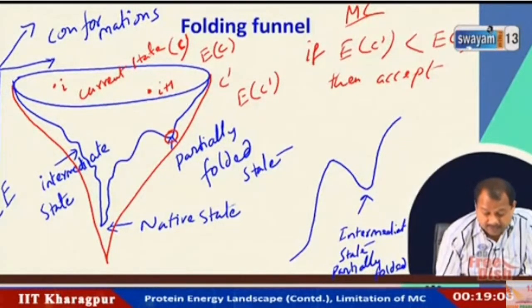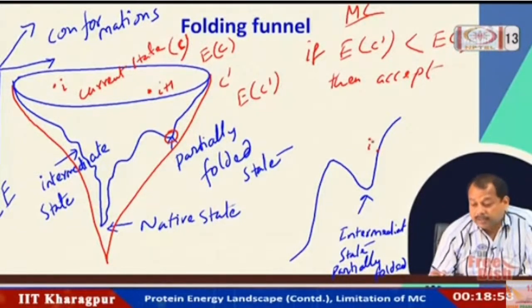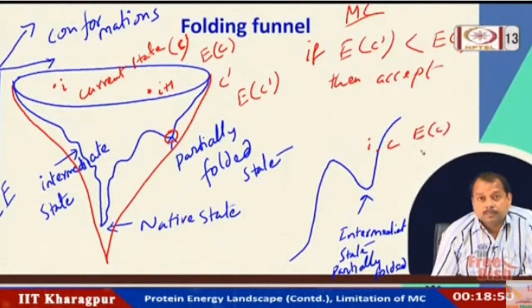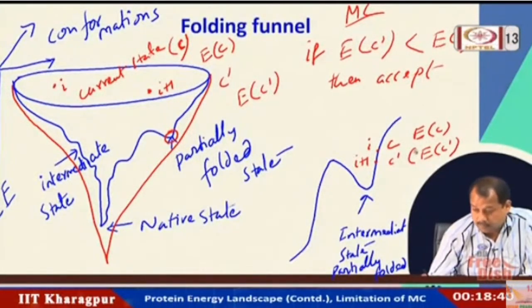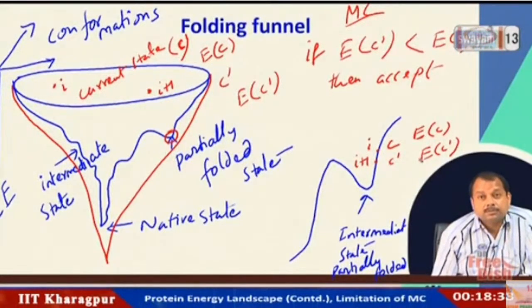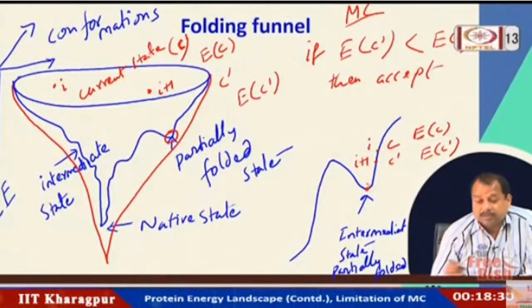If it is, then what is my problem? You see, say this is my I. If this is my I, then I will get C here, E of C here. Now, I generate something here, say I plus 1, C prime. Now, if it is E of C prime, then I will reach this position.